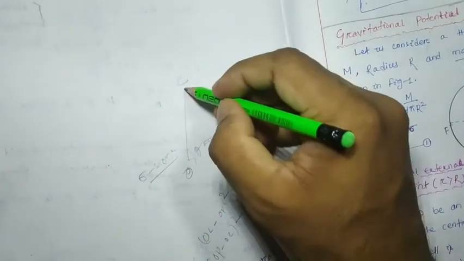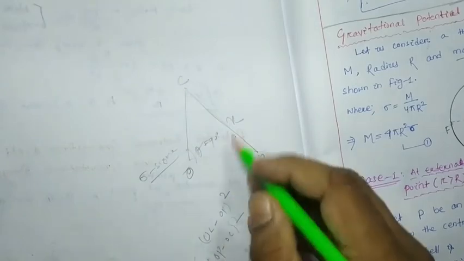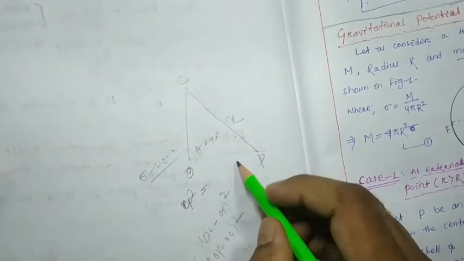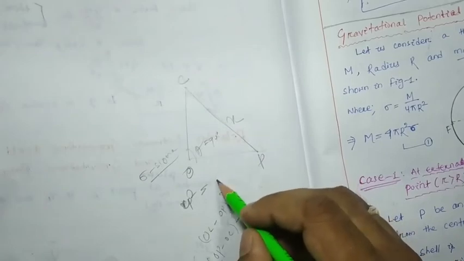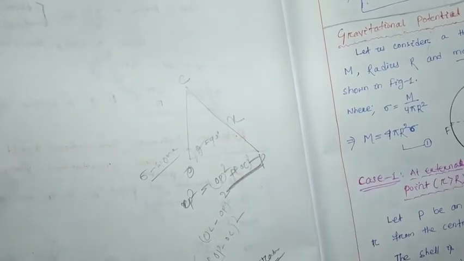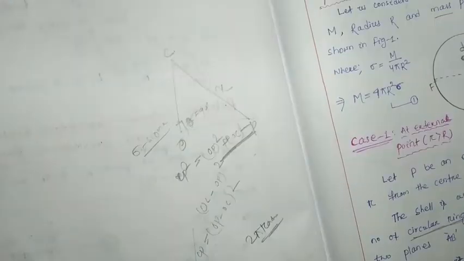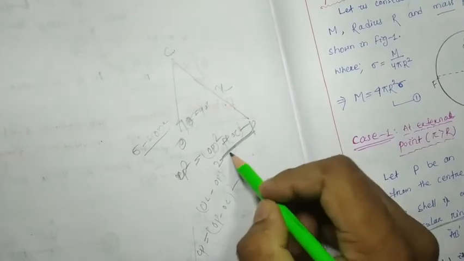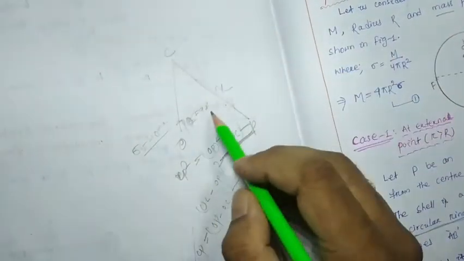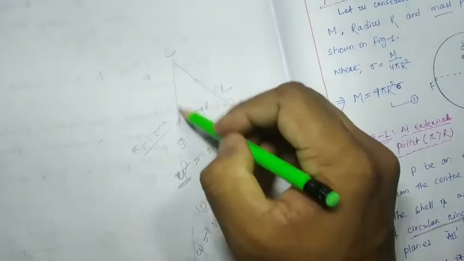Now CP is your x. So x square or CP square will be equal to OP square plus OC square according to the Pythagoras theorem, whenever it is 90 degrees and this is the diagonal.